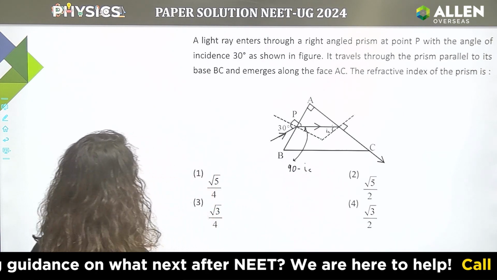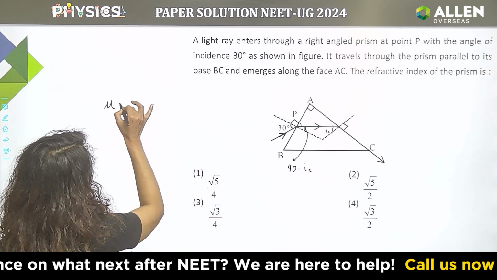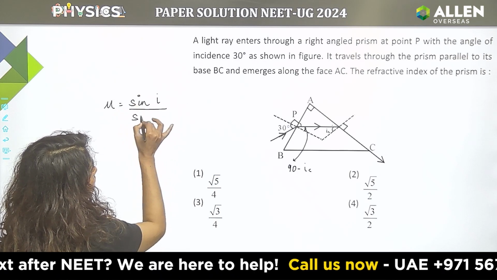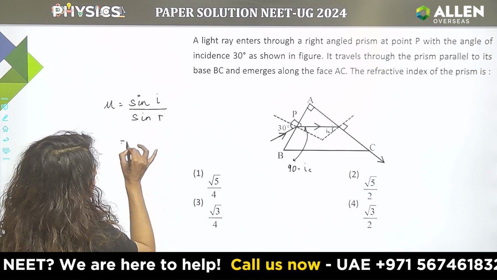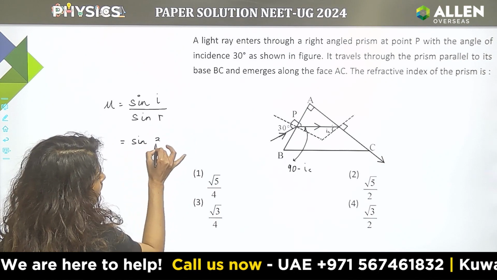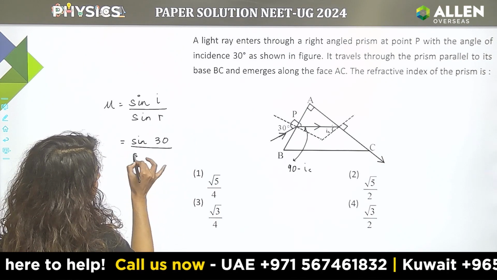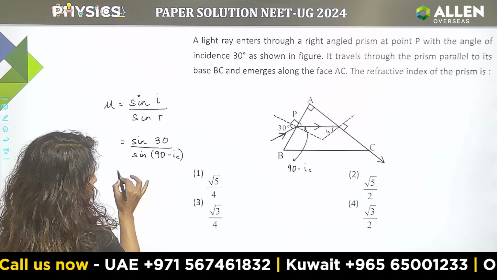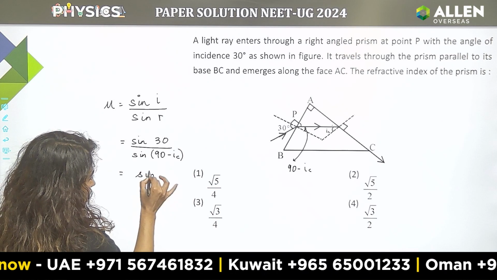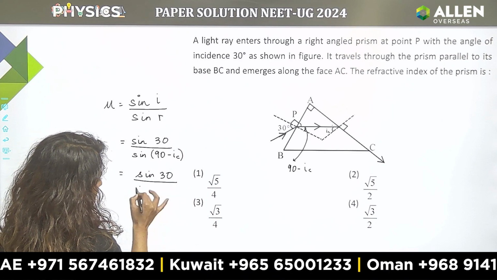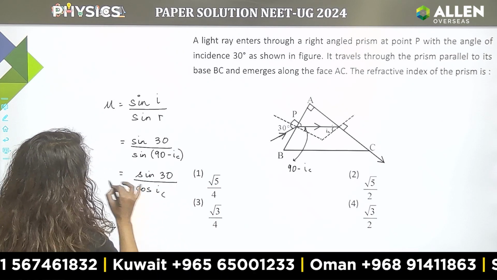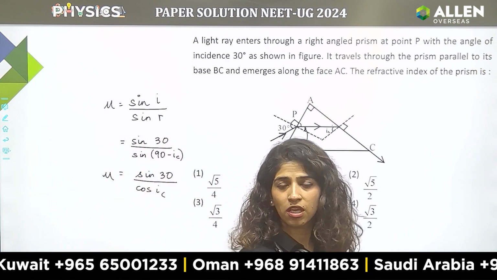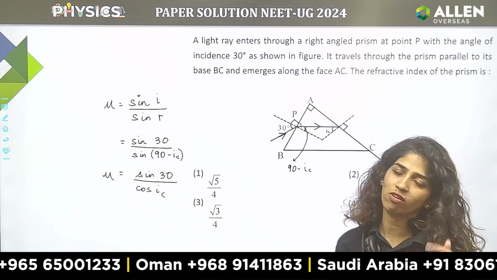Now, using the formula, mu is equal to sine i upon sine r, sine 30 upon sine of 90 minus IC. I can write this as sine 30 upon cos IC. Now I have two unknowns in my equation, mu and IC. We will not be able to move ahead unless I have one more equation.